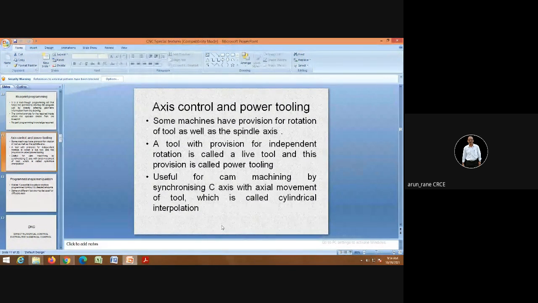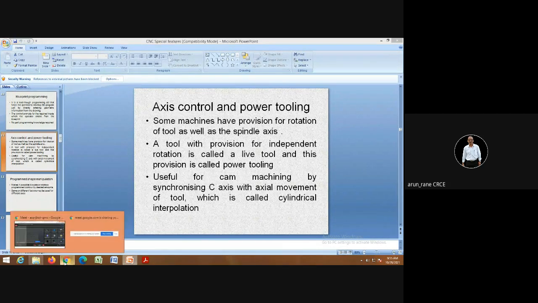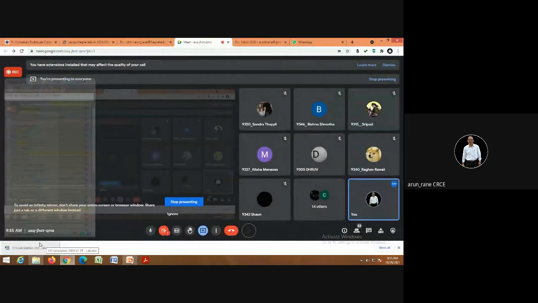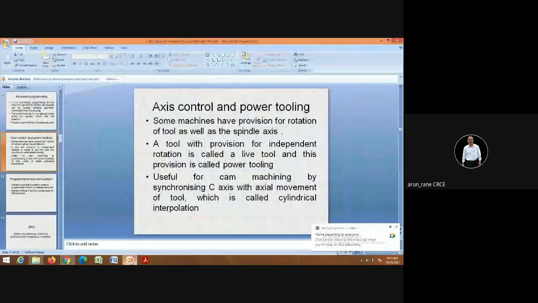Then you have axis control and power tooling. Power tooling is nothing but your tool. Like in case of a CNC lathe, the workpiece is rotating and the tool is stationary.